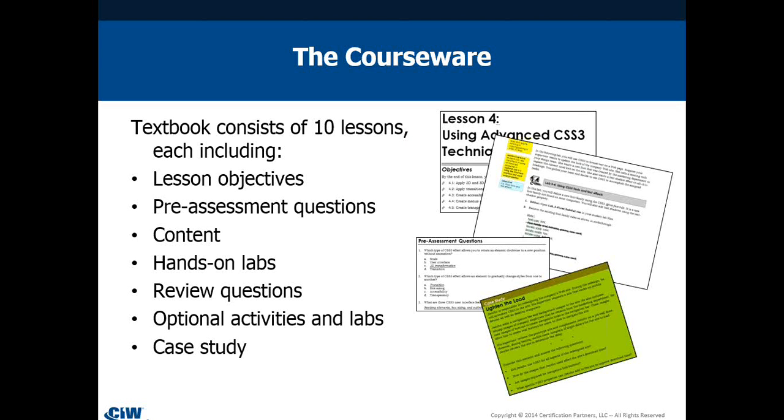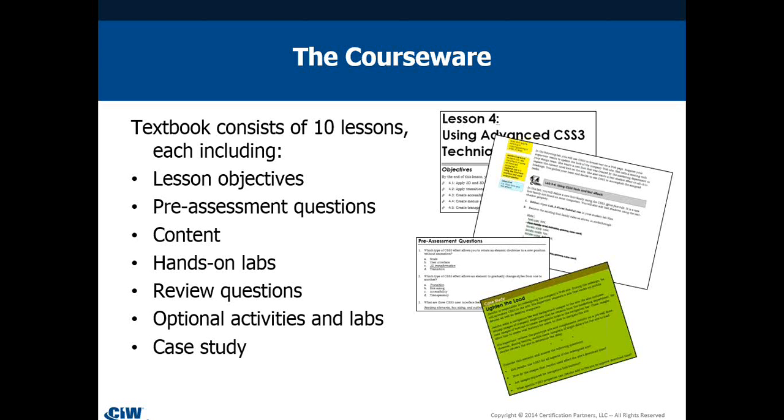As we look at the courseware, this particular course is 10 lessons. Each of them will have various aspects: the lesson objectives, what we're looking at accomplishing in each lesson. There'll be pre-assessment questions, the regular content that will include the hands-on labs, other lecture or narrative sections that will explain what they need to do in each of those labs and how to accomplish that.